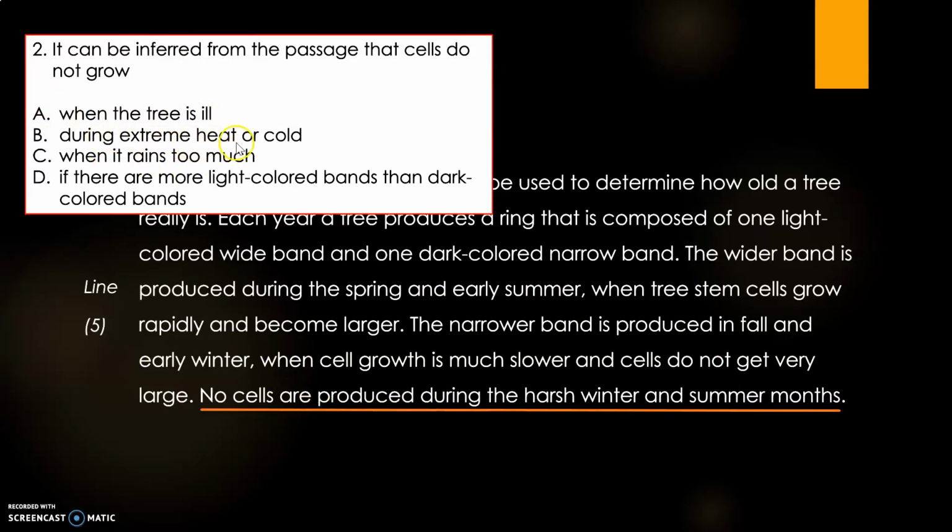During extreme heat or cold is really possible because it's about the weather. When it rains too much, it is not mentioned here about raining, only winter and summer. If you choose D, if there are more light colored bands than dark colored bands, that is also not mentioned here. It's about the weather. So the best answer to this question is B, during extreme heat or cold.